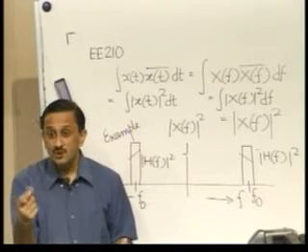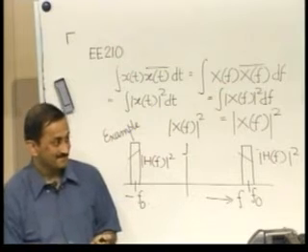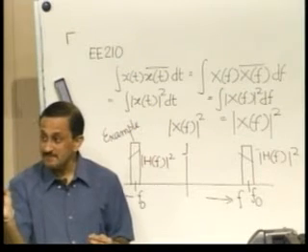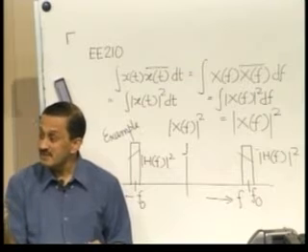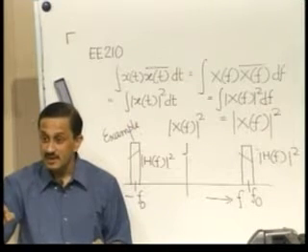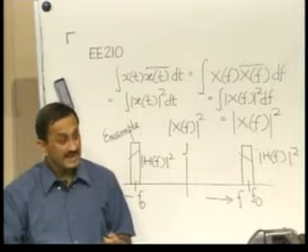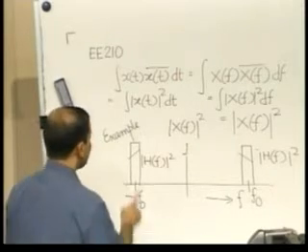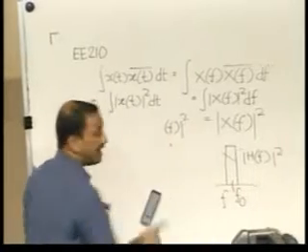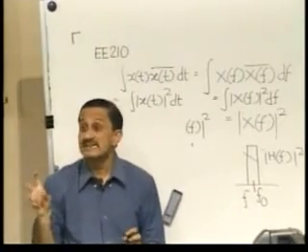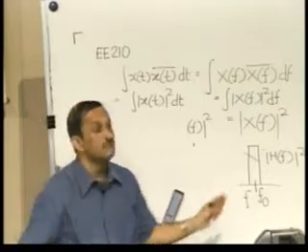Here you're looking in some sense at the energy per unit frequency, that's the density. And if you integrate the energy per unit frequency over a region of frequency, it gives you the energy. So if you integrate the energy density over the frequency, then you get the energy. Therefore, the physical significance of mod X(f) squared is an energy spectral density. It tells us the way in which the energy is distributed over frequencies.